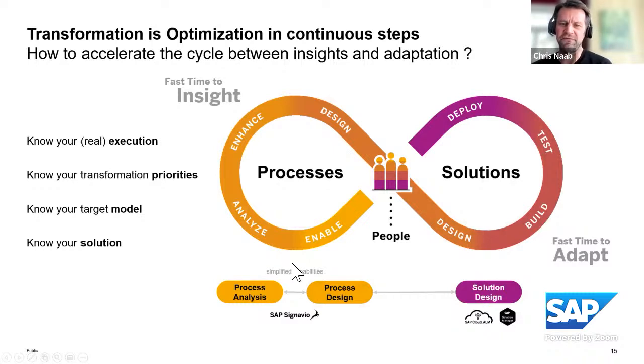So therefore, it is really important to keep the life cycle of a business process, a process that evolves, that constantly adapts to a changing environment, to new regulation, to new market dynamics, and to really keep that process in sync with the solution. Because what happens if we don't do that?